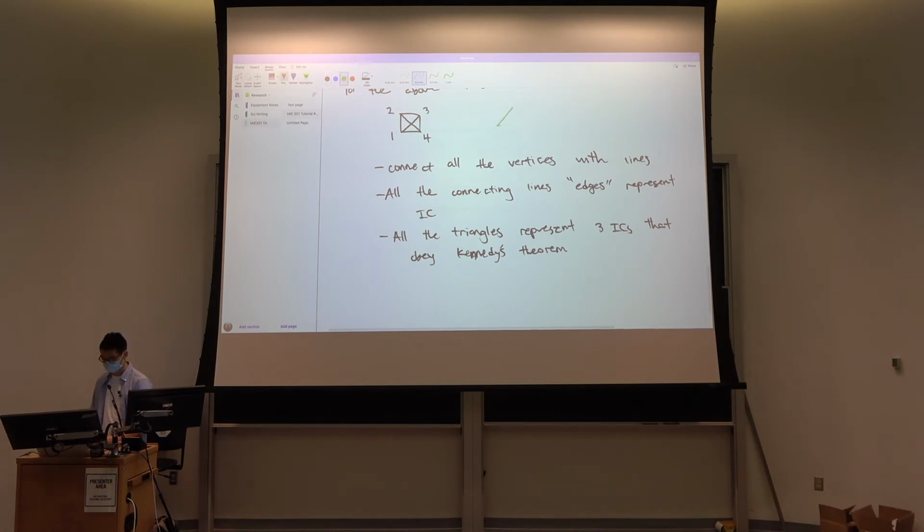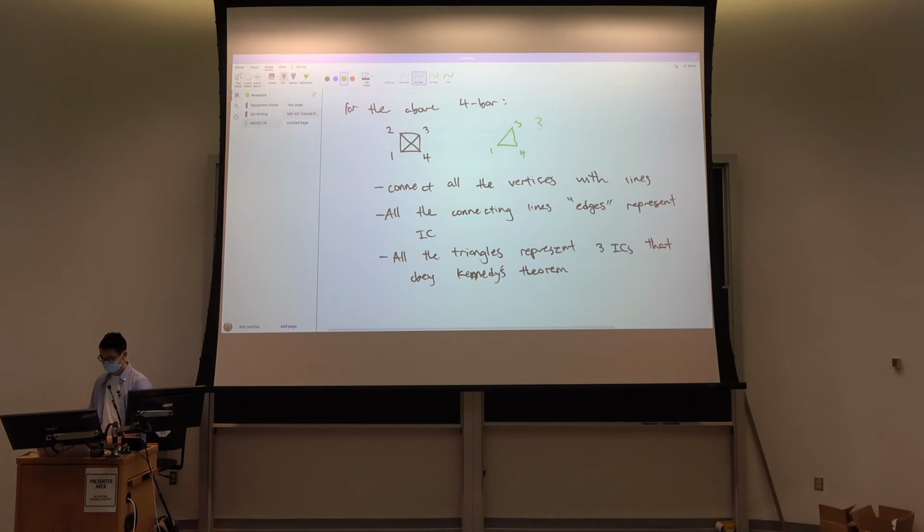So if we just look at the triangle between 1, 3, and 4, this gives us P13, P34, and P14, right?